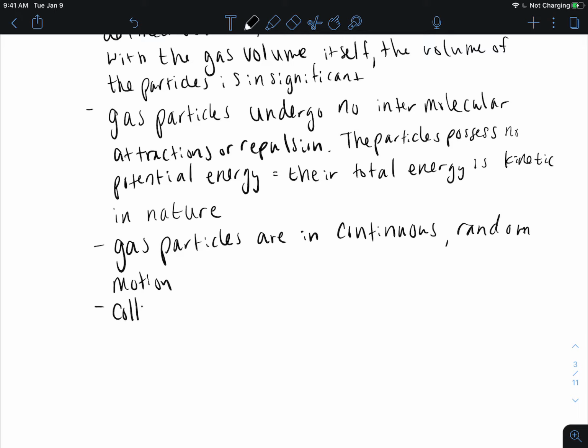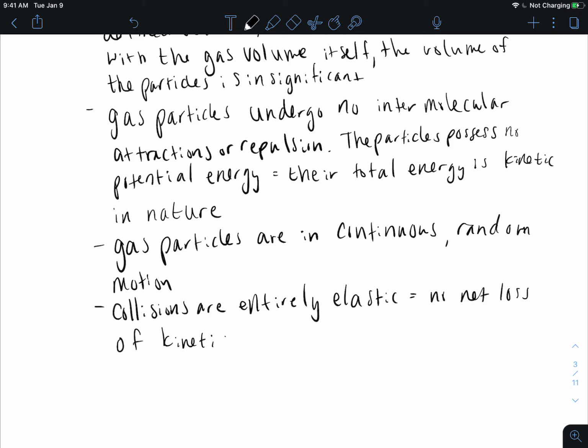So our collisions are entirely elastic. So no net loss of kinetic energy when gas particles collide.